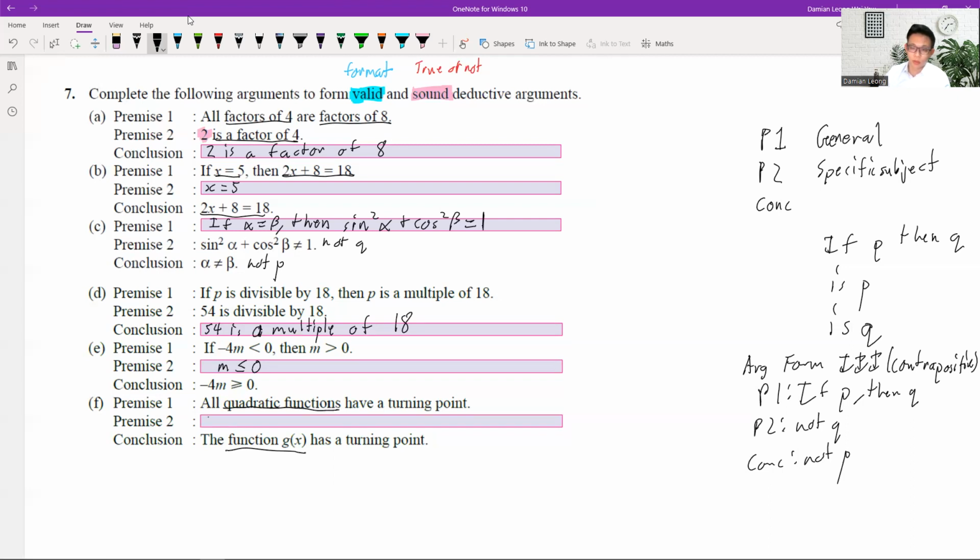So the function g(x) is a quadratic function. That is question 7 here.